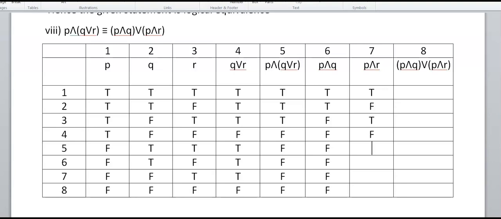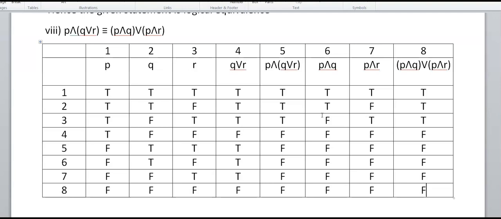False is again F, F, F. Now we'll find out the OR between 6 and 7, which is true, true, true, and next is F, F, F, F, F. Now if we see the column number, the 5th is TTT, and here is TTT, and all the remaining are false.